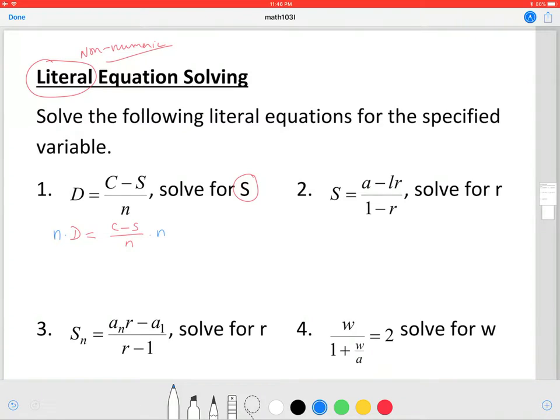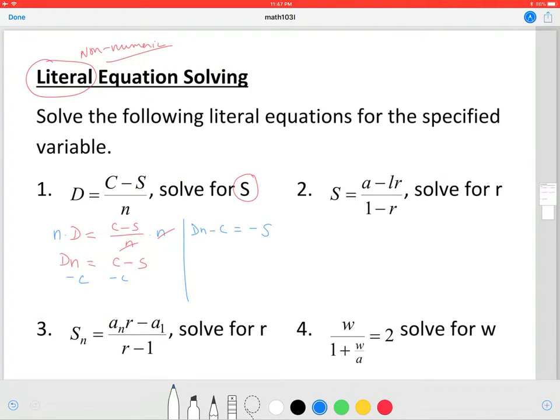What will happen is I have dn is equal to c minus s, since the n's cancel out. And I'm after s. I have a negative sign in front, so let me subtract c on both sides. Then that gives me the expression dn minus c is equal to negative s.